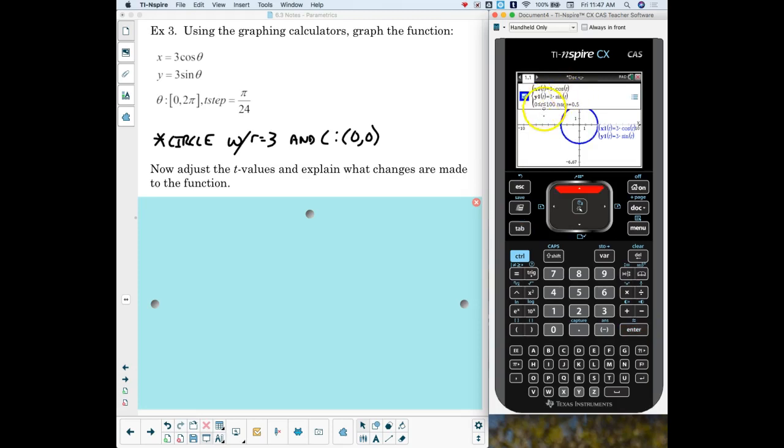Let's go from, instead of 100, something smaller than 2 pi now. Let's go just pi. What happened? I took out some of the range, so I took out some of the circle, right?